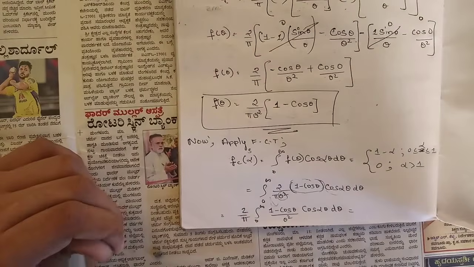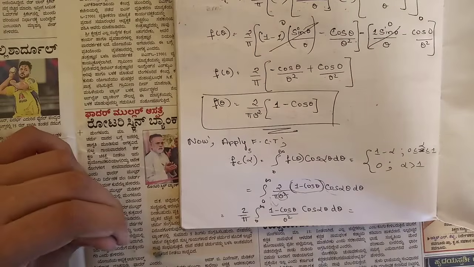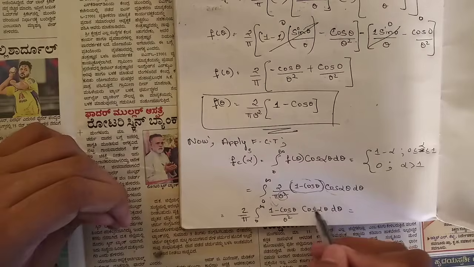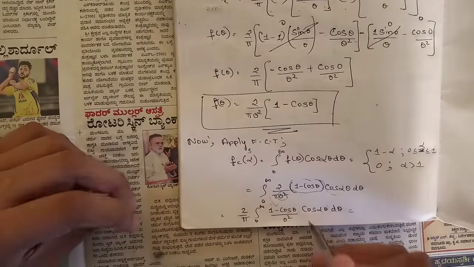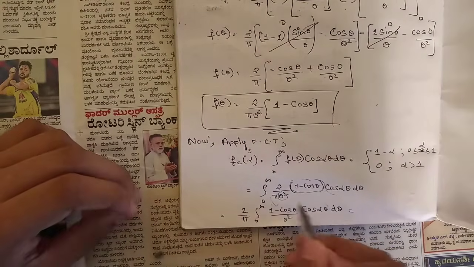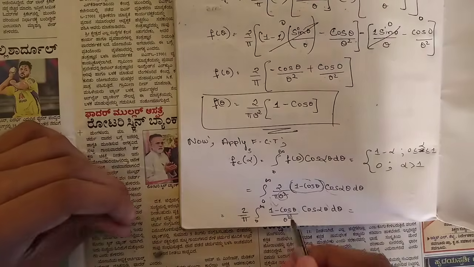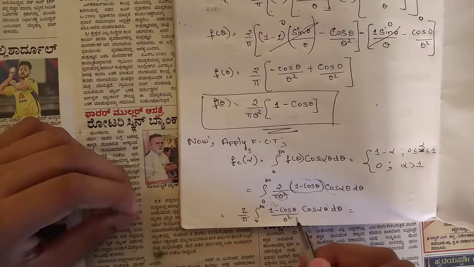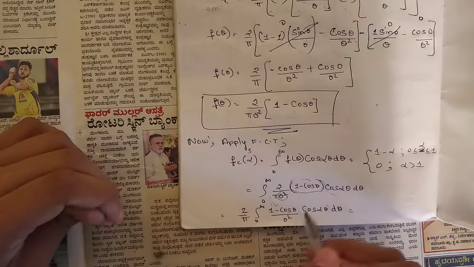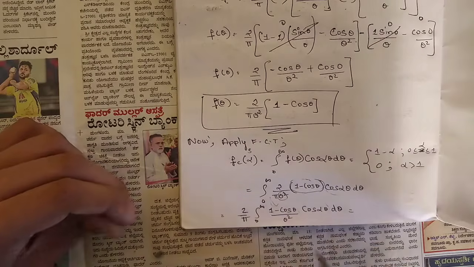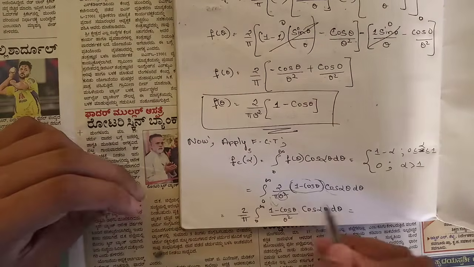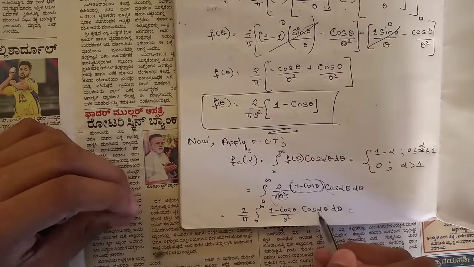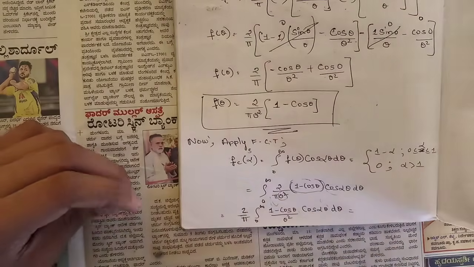Now in the next step we need to put alpha equal to 0 so that we eliminate this term, because we need only this term, like 1 minus cos into something divided by something square. We have theta here, and at the last step we need to replace theta by x, so we don't need this. In order to eliminate this, put alpha equal to 0, so this gets eliminated.